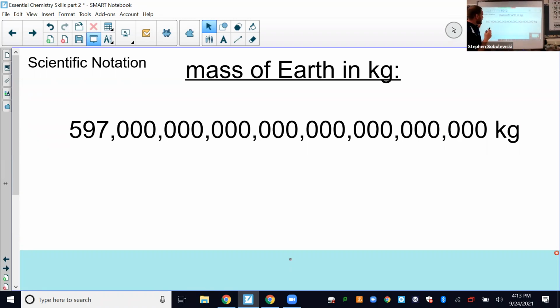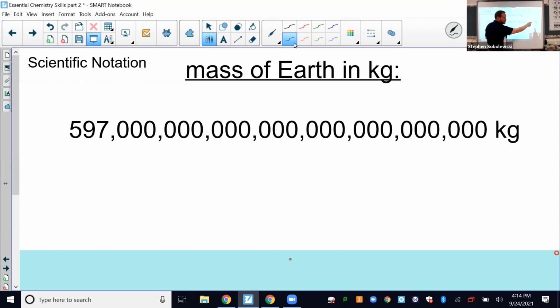So the way we put numbers into scientific notation is by starting at the very end and sweeping an imaginary decimal point until we get to a number between 1 and 9.99. Looking ahead over here, I'm going to sweep it from the right to the left, and I'm going to end it right there between the 5 and the 9.